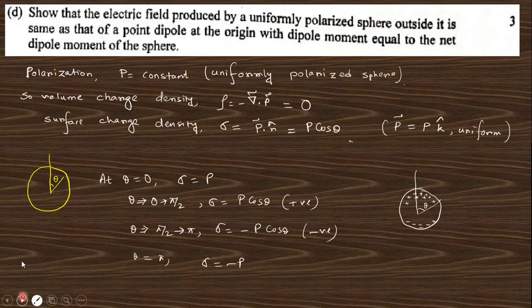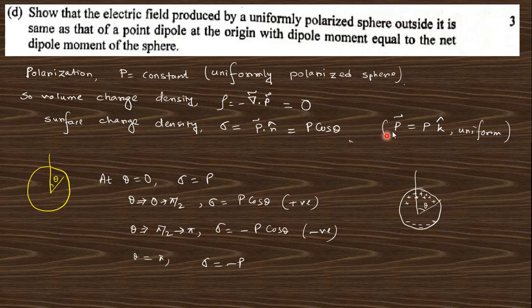Next question. Show that the electric field produced by a uniformly polarized sphere outside is the same as that of a point dipole at the origin with dipole moment equal to the net dipole moment of the sphere. First you need to understand the question. The electric field is produced by a uniformly polarized sphere.